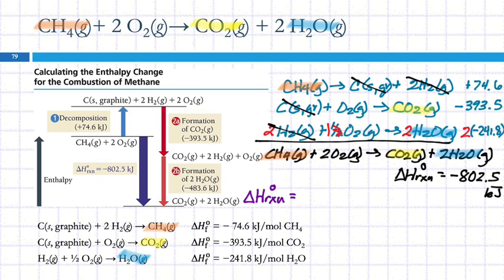So we've got CO2, so we're going to have the heat of formation for CO2, and 2 times the heat of formation for H2O. So we're forming this, and we're forming 2 of those, and then we're going to subtract the heat of formation of methane.